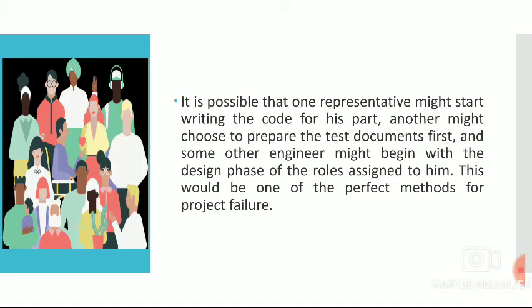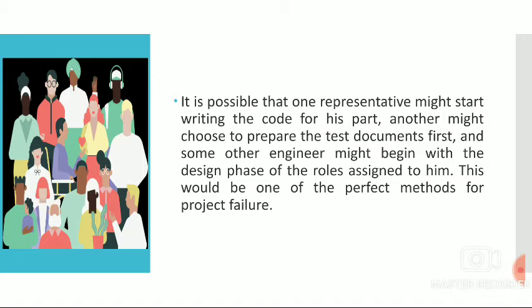And here also we have one good slide. Team members are sitting and discussing the project. It is possible that one representative might start writing the code for his part, and another might choose to prepare the test documents first, and some other engineer might begin with the design phase of the roles assigned to him.